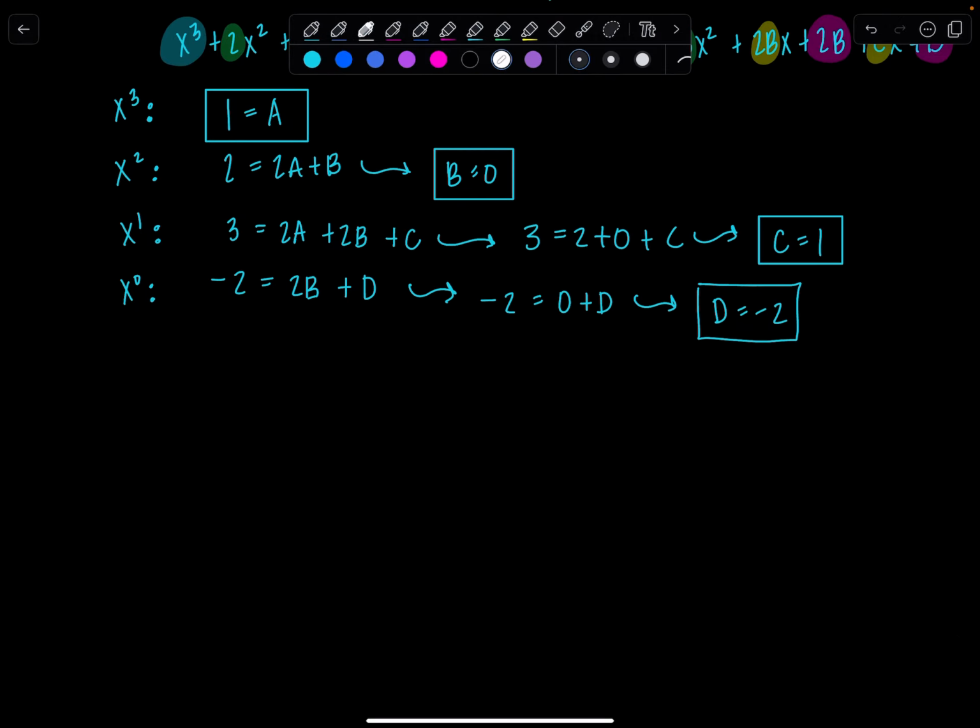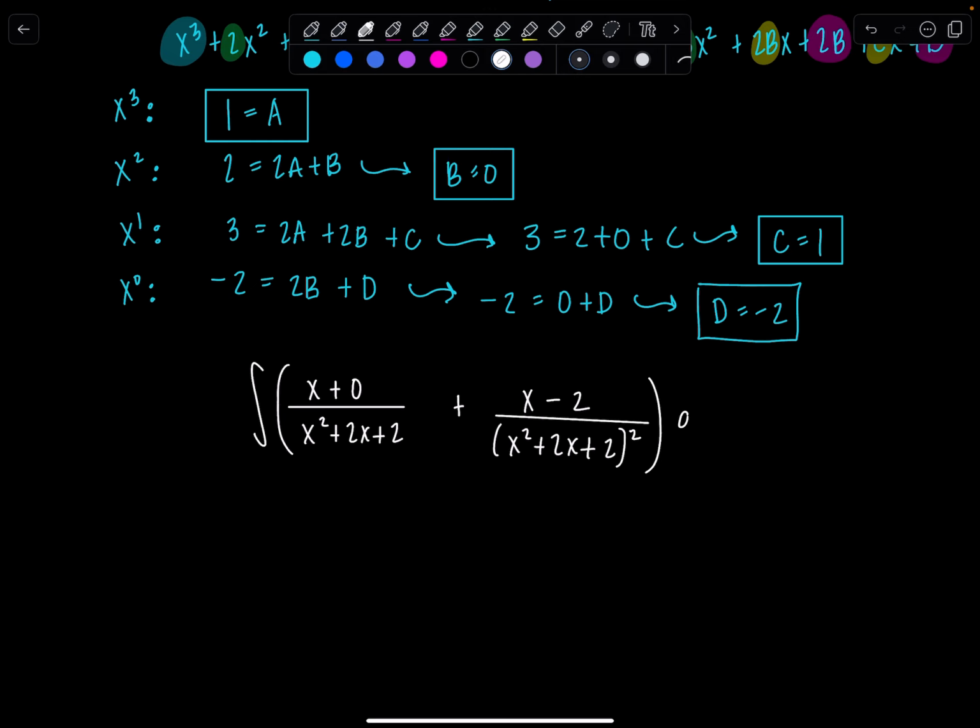So we have the integral of (1x plus 0, because b is 0) over x squared plus 2x plus 2, plus (c is 1, d is negative 2) over (x squared plus 2x plus 2) squared, dx. So now I'm going to split things up and work on some integrals separately, but let me think about what's the best way to go about doing it.